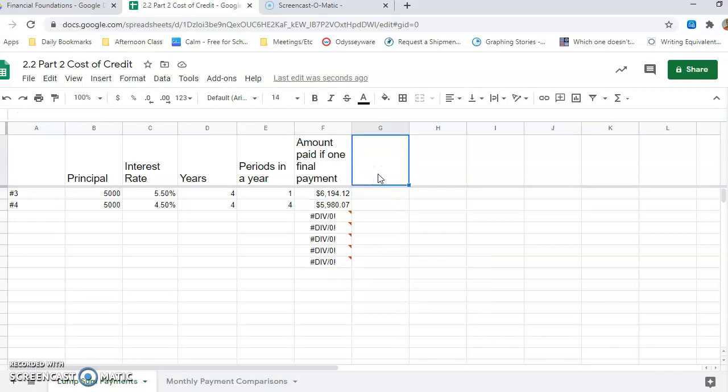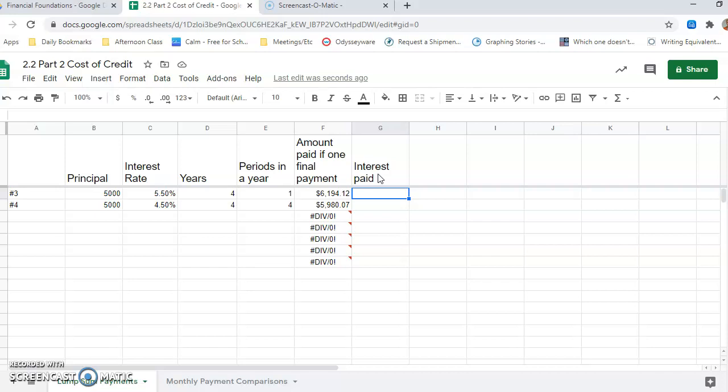Now, we're also going to want to know how much interest was paid. So you want to think, how would I know the interest? Well, we got the interest from taking the amount and subtracting the principal. So instead of typing in here 6194.12 minus 5,000, let's tell where it lives.